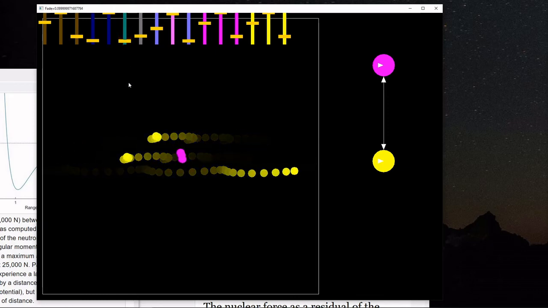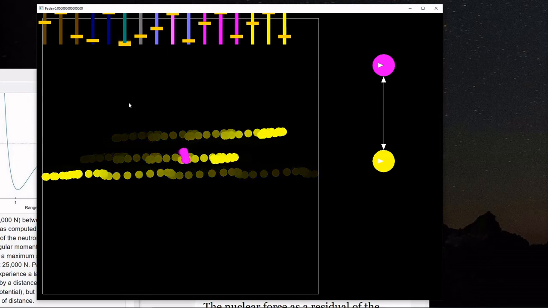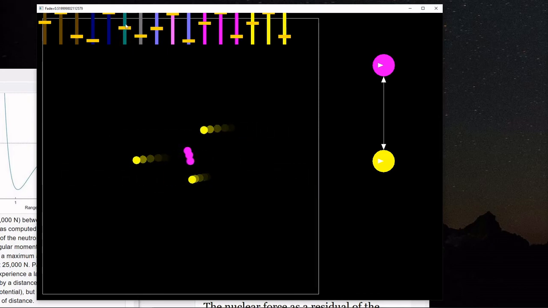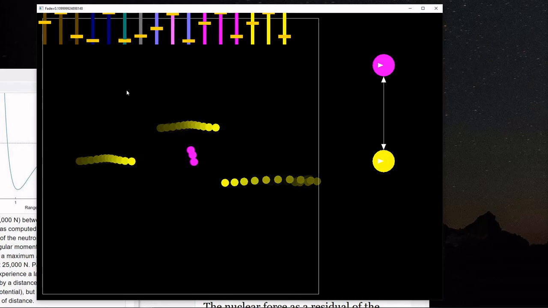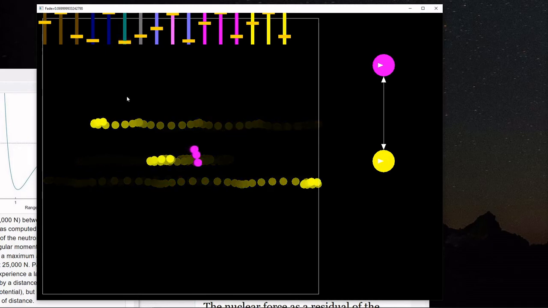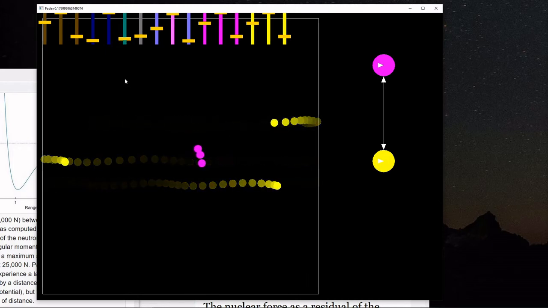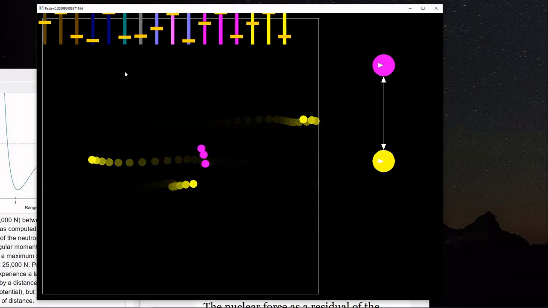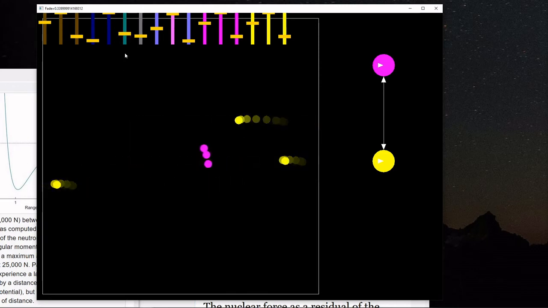Okay, there's some cool. Huh, wow. That was just changing the fade. That was a weird effect. So look at that. These guys are wiggling around. I'm going to leave the fade alone so it doesn't confuse things. Okay, so they're just sitting there, and then one bounces off far away.